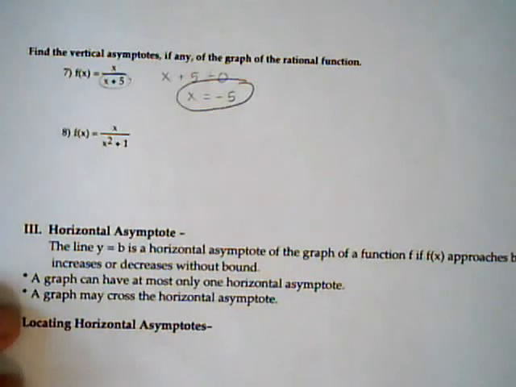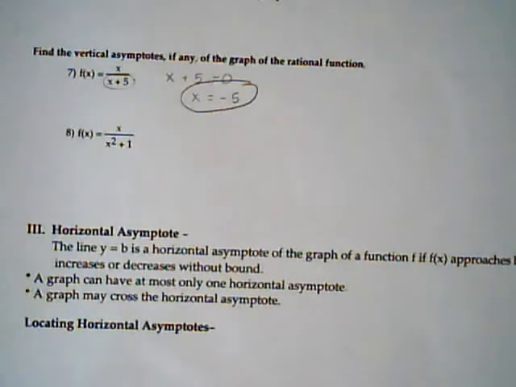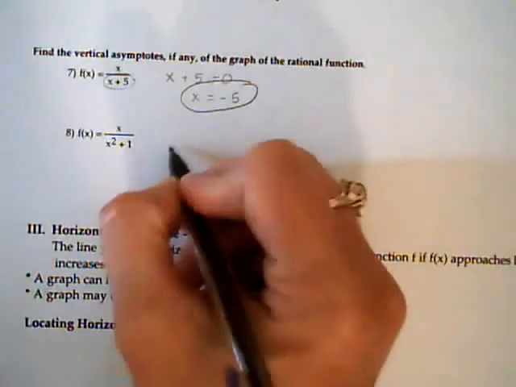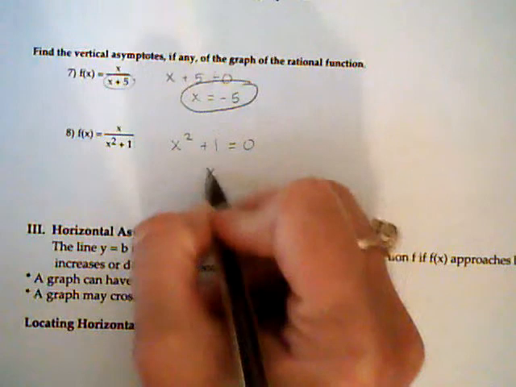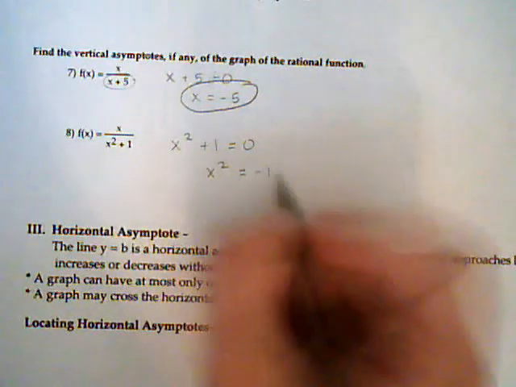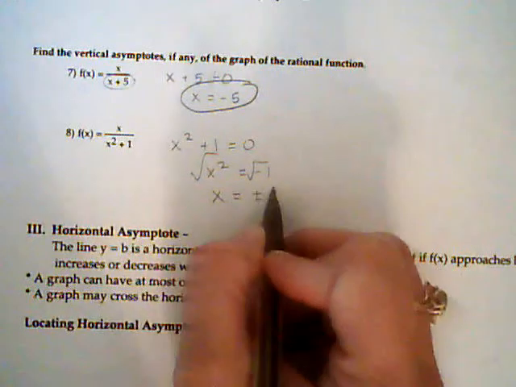Now, if you look at the next example, you may have more than one example of a vertical asymptote. So if I set this equal to 0, x squared plus 1 equals 0, it will not factor, but if I take the square root of both sides, I'm going to get plus or minus i.